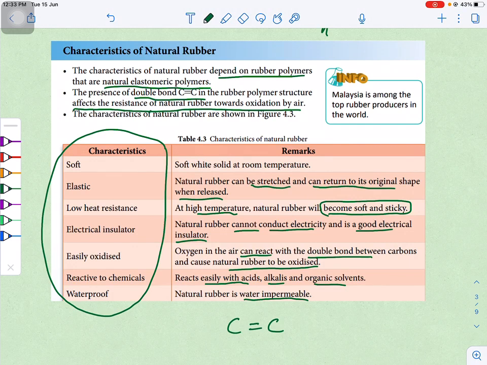Okay, so with this characteristic, what we can say, natural rubber banyak kelemahan dia lah. So we need to do something to treat our natural rubber, because as we know, rubber ni banyak penggunaan dia. So dalam keadaan dia yang macam ni, we cannot produce tire because it cannot resist temperature.